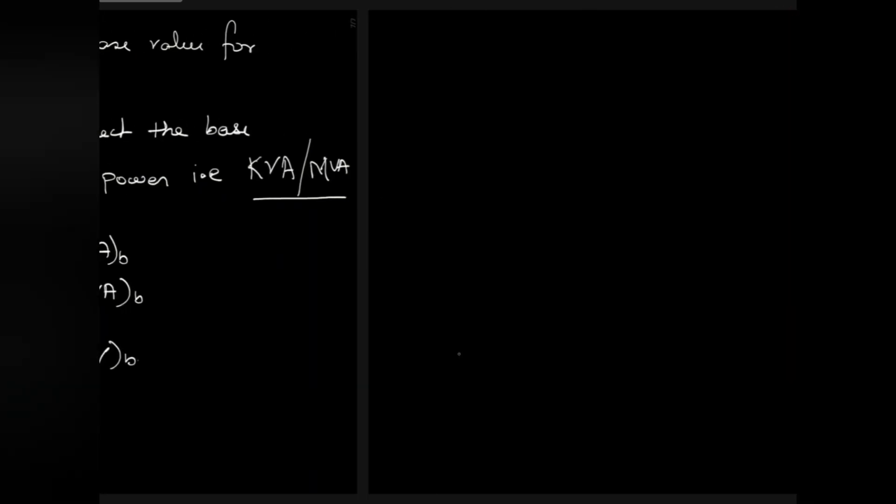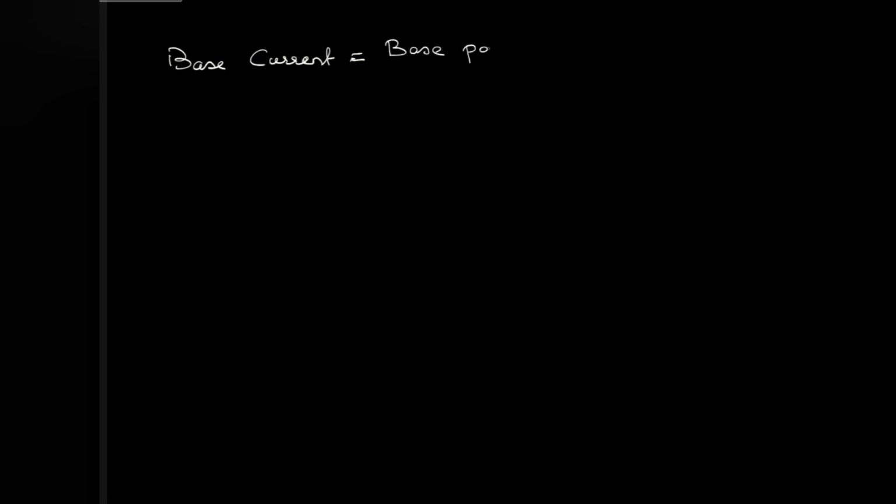Now, to calculate base current, we need two values, that is power and voltage. So it is the ratio of base power and base voltage, right? Because power is what? Current into voltage.